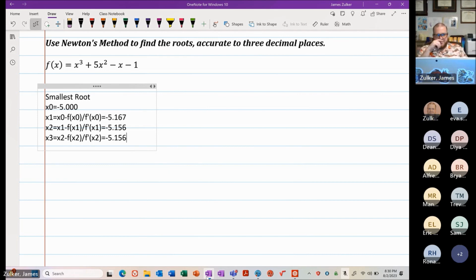There's my root. I might write something like root equals negative 5.156. That would be all the work I would need to see: write out the function, its derivative, and then these values. You don't have to write out every single value and do it all by hand.